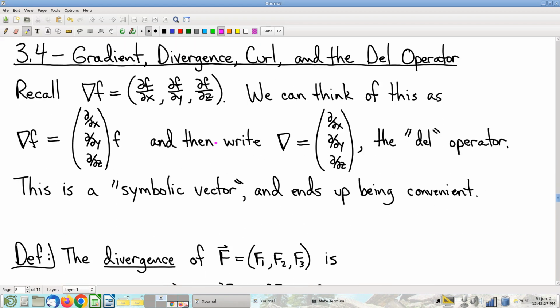Okay, so moving along to section 3.4. This is a weird section. This section introduces some ideas that we're really not prepared to treat yet, that we will treat much more thoroughly in chapters 6 and 7. But right now, there's a bunch of tools that we really need in order to make sense out of this stuff, and we just don't have those tools yet.